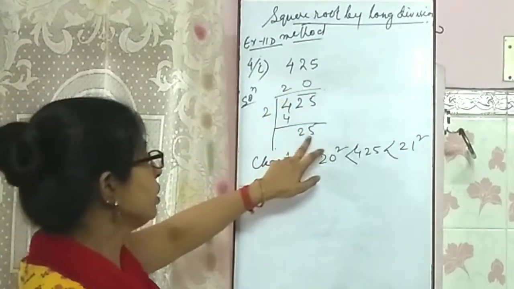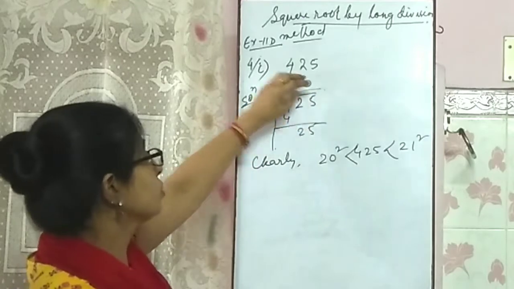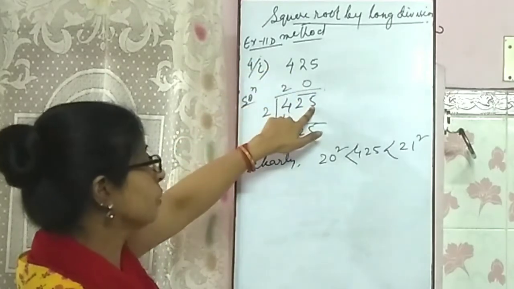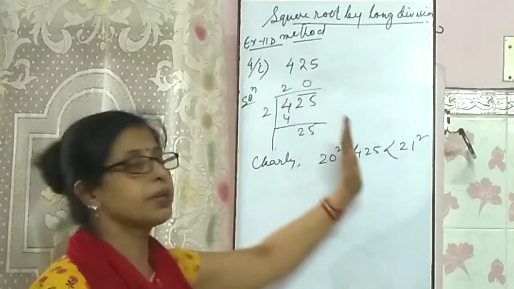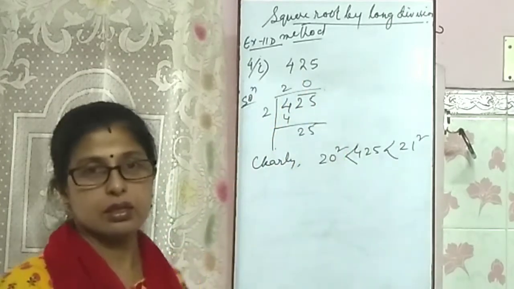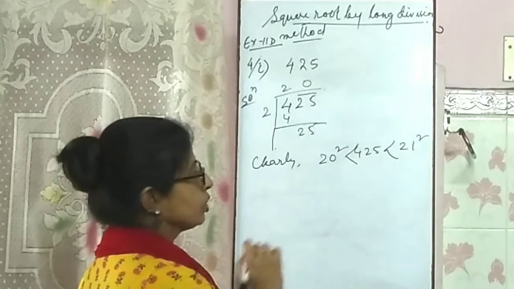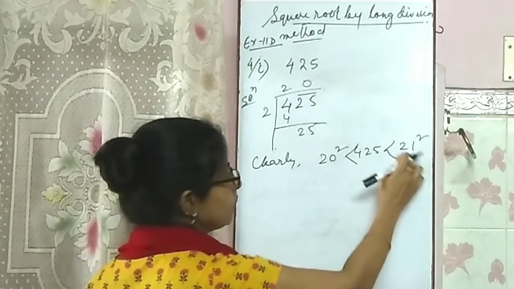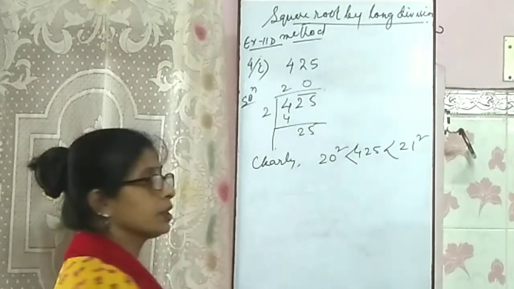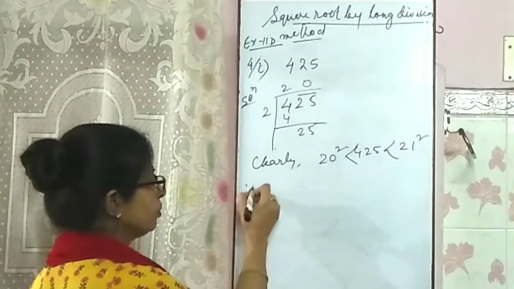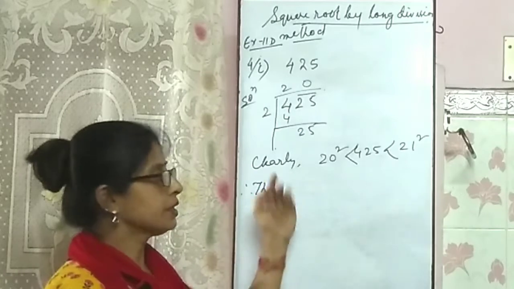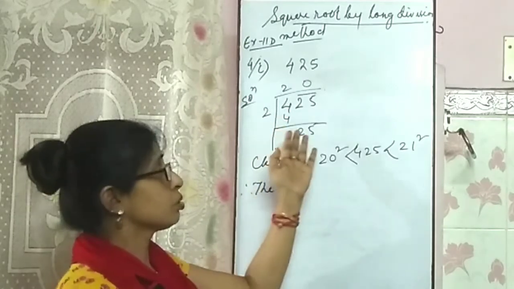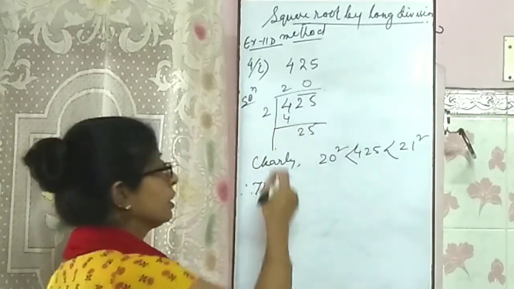Always it happens when there comes a remainder that this particular dividend will always be greater than the square of this number and will be less than the square of the next consecutive number. So from 21 square you subtract it to get the required number. Just now I taught you for the least number it is as usual. So for example I have taken some question.